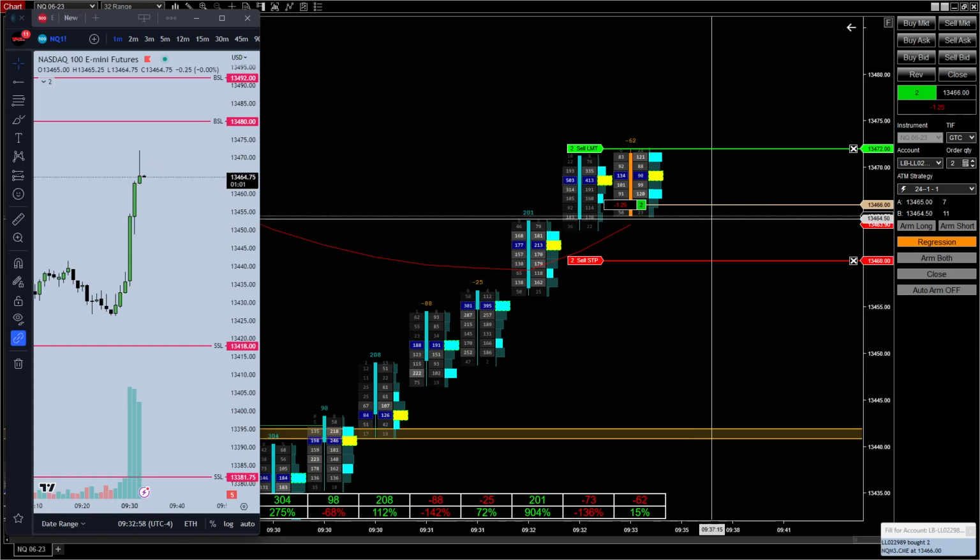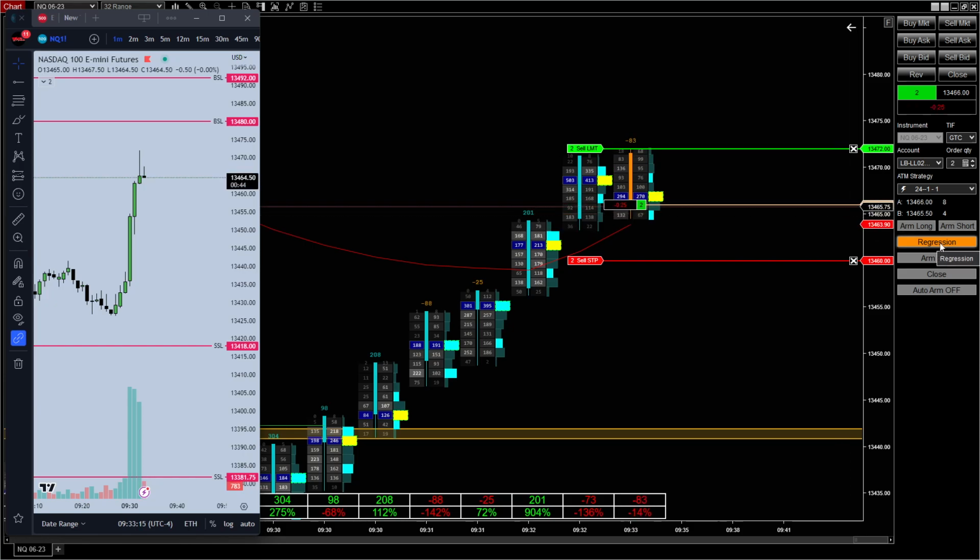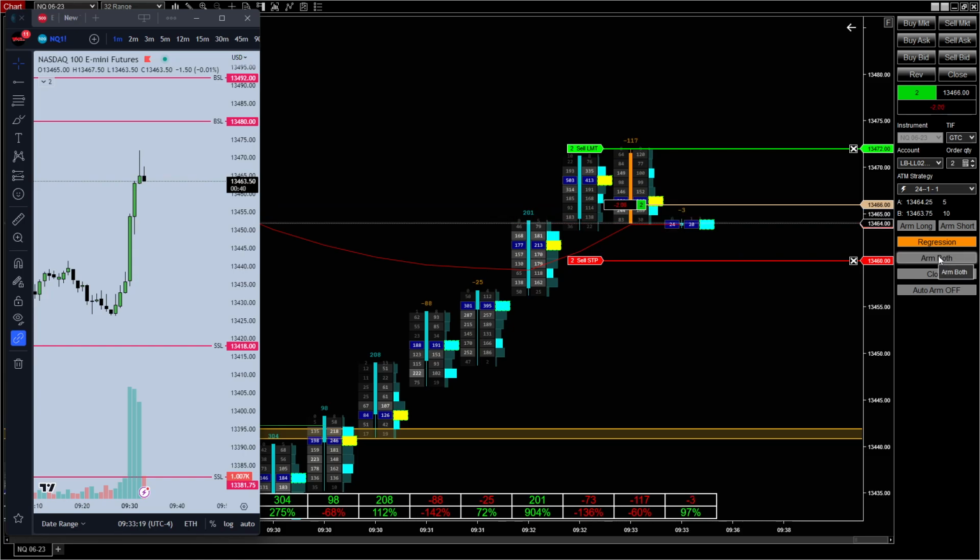Order filled. There's actually a long trade. I'll have to see what happens here. I think regression long might have been a smart move instead of just arming in both directions.